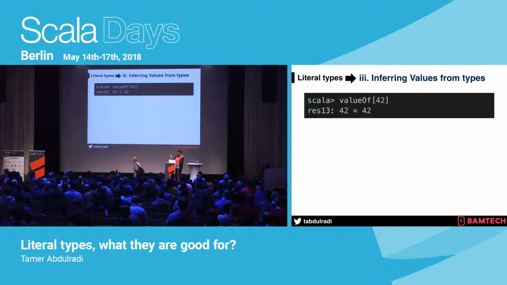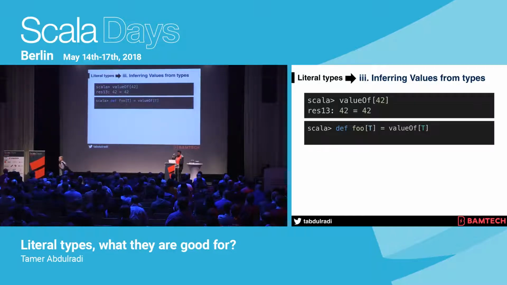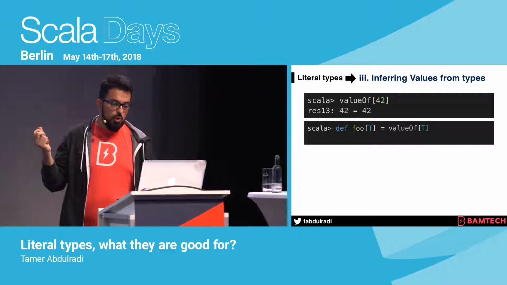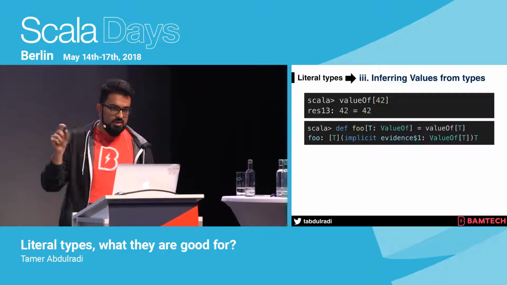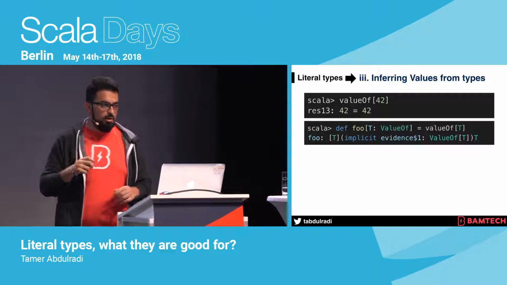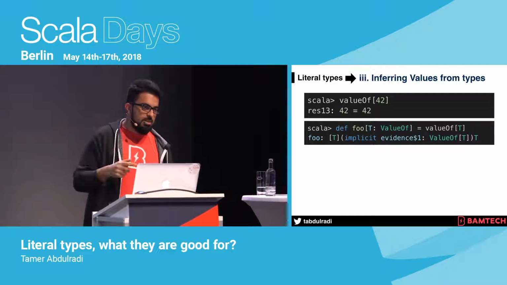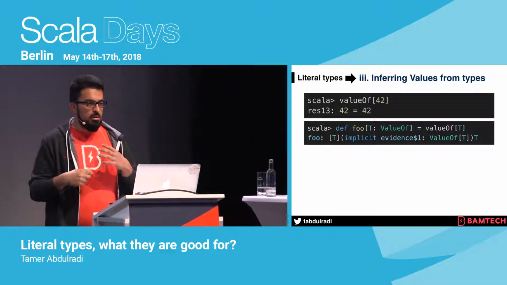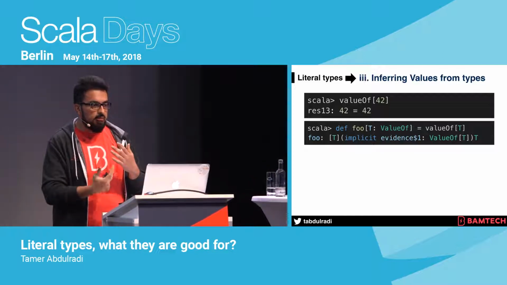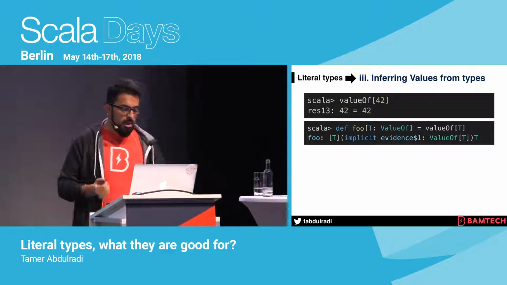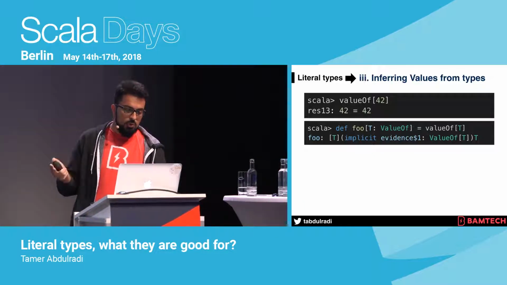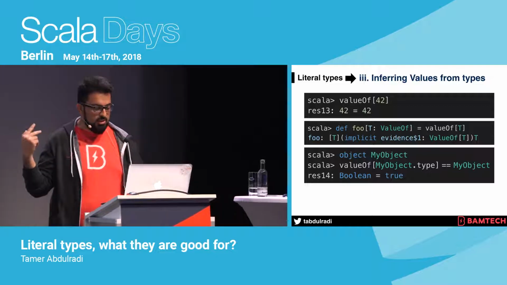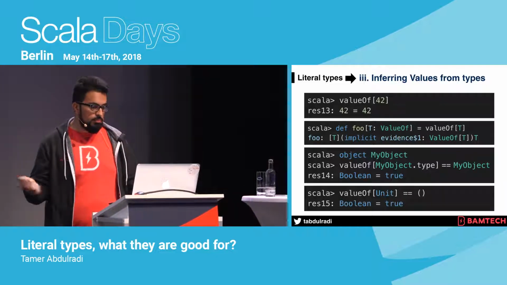You can either call it directly if you know the type like that, or if you have a type parameter T or something, you can also call it, but you have to propagate the evidence. So the ValueOf with a capital V is the type class, the magic type class that the compiler creates the instances for you. This valueOf doesn't only work with literal types, but also works with other singleton types like objects and even Unit as well.